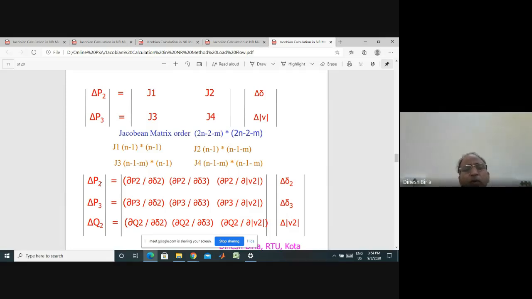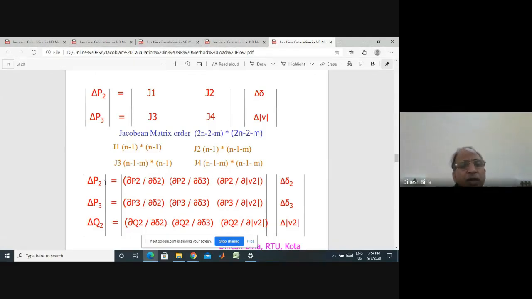As you know, on a PV bus we define active power and voltage. So three powers are there on the left hand side: active and reactive for bus number 2, and real power for bus number 3.